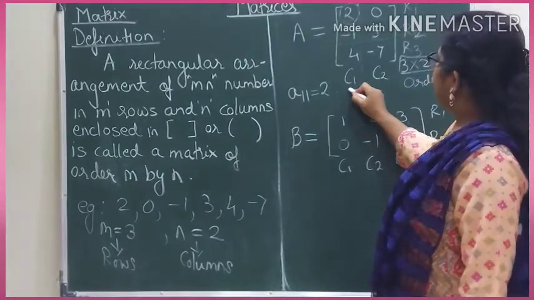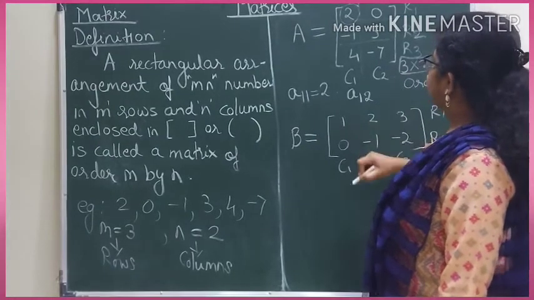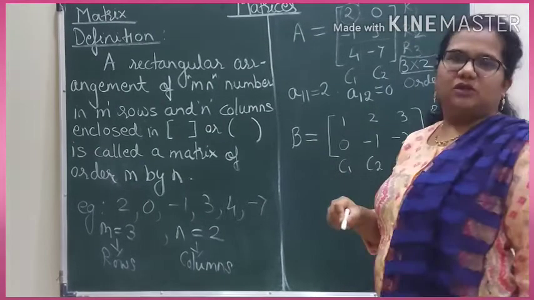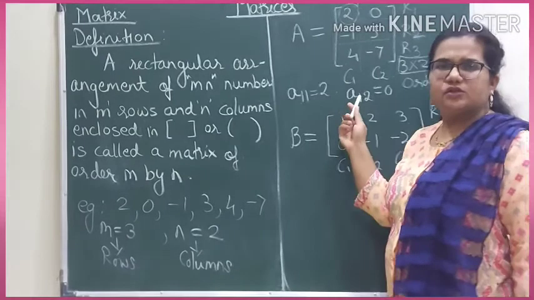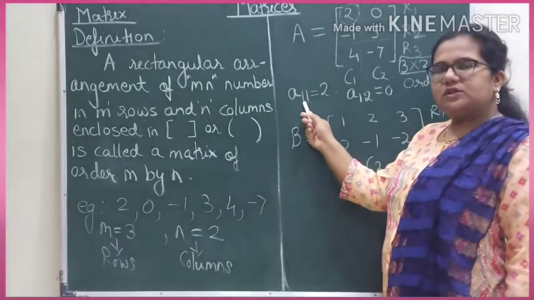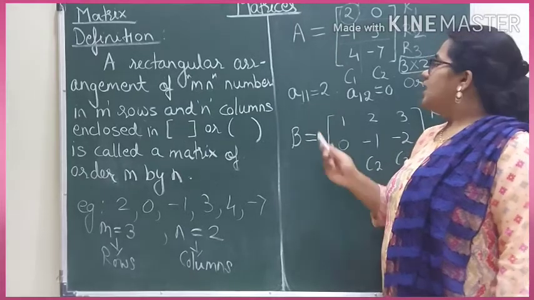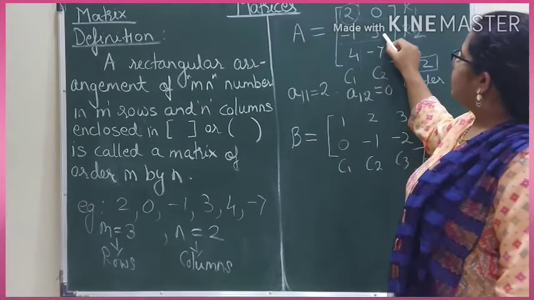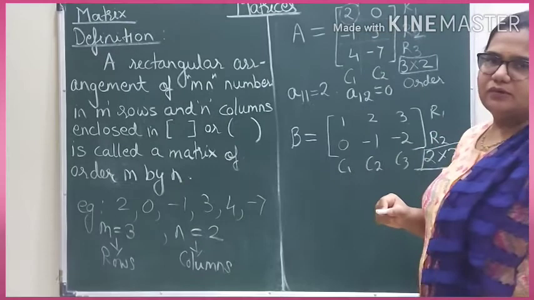Okay. Then a, 1, 2. First row, second column, the element is 0. Okay. This I think you have studied in determinants also. First number denotes the row and second number denotes the column. So you have to see from which. 2, 2 means which will be the element? Second row, second column. It will be 3.